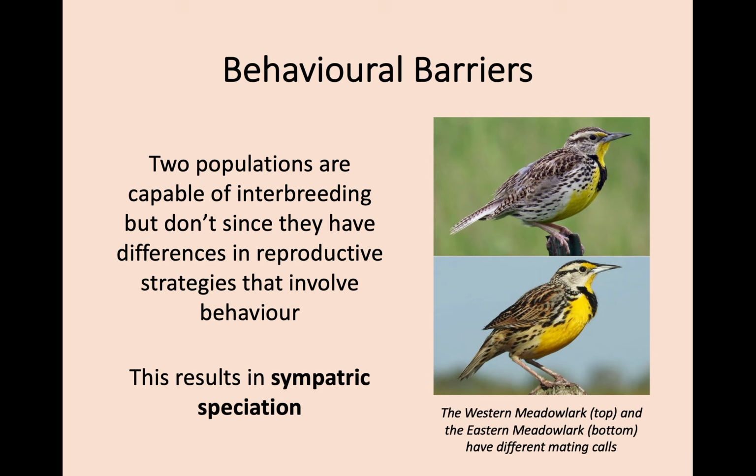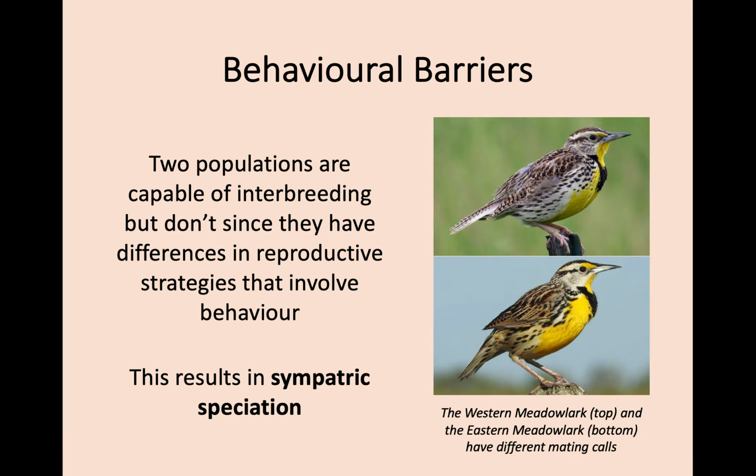The second one we're going to look at is behavioural barriers. In behavioural barriers, there's not any physical divide between the two subpopulations. There's a behavioural barrier. In this case, two populations are capable of interbreeding, but they don't because they have differences in their reproductive behaviour. For example, in this picture, you have a western meadowlark and an eastern meadowlark, two different species.